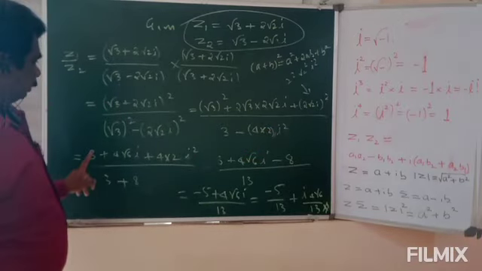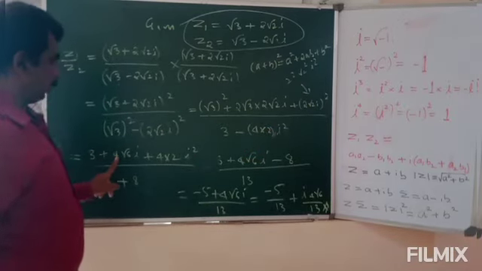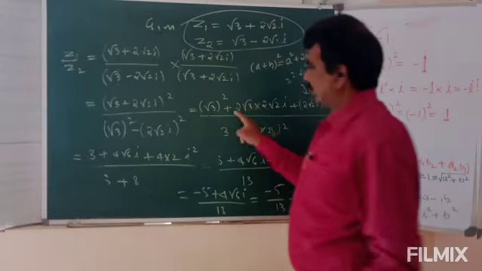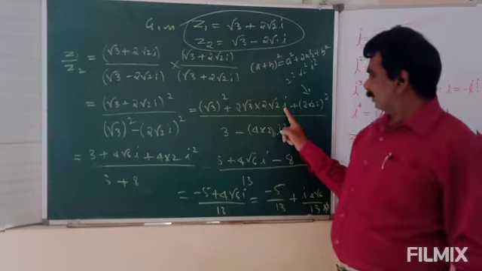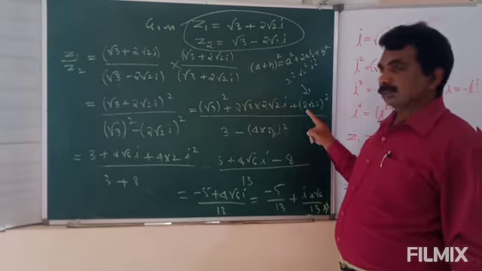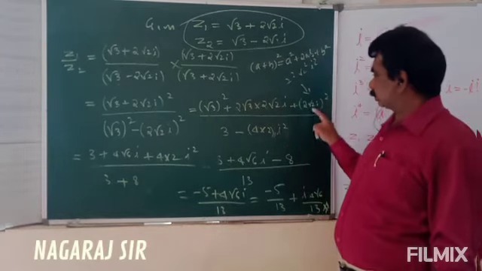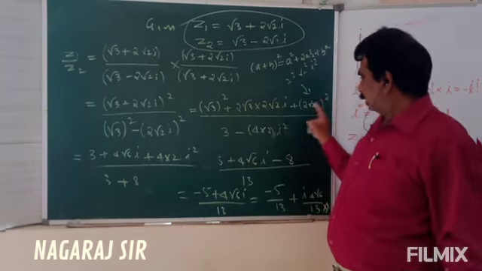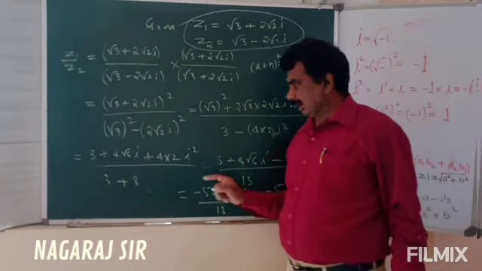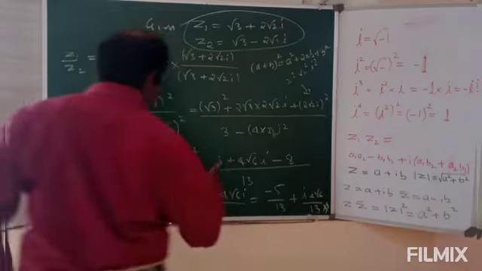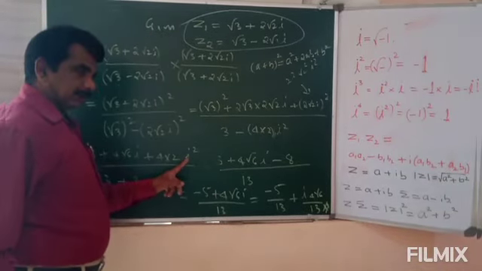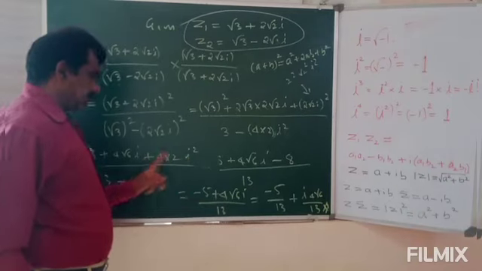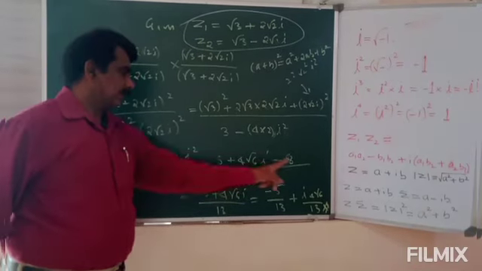Next, root 3 square is 3 plus 2 into 2, how much? 4, root 3 into 2 is root 6i, plus 2 square is 4, root 2 square is 2, i square. Next, 3 plus 4 root 6i. I square is what? Minus 1, minus into plus, minus 4 into 2 is 8.